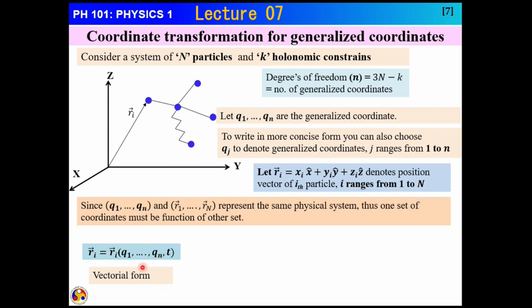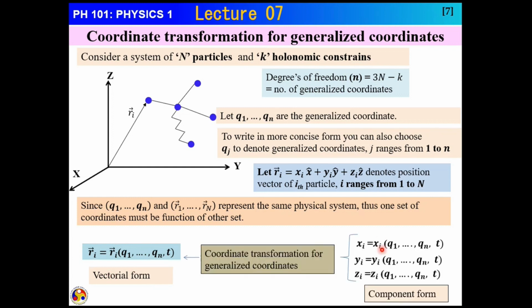So this is the vectorial form, but if I want to write it component-wise, xi will be a function of the generalized coordinates and time. Here we are defining holonomic constraints. They can be rheonomic or scleronomic, and if it is time dependent, of course, here it is rheonomic and time dependence will come.